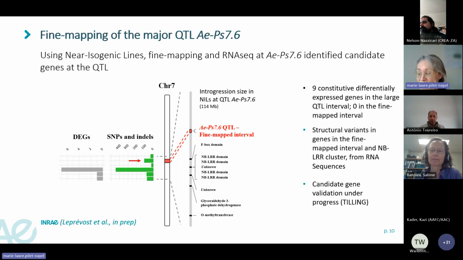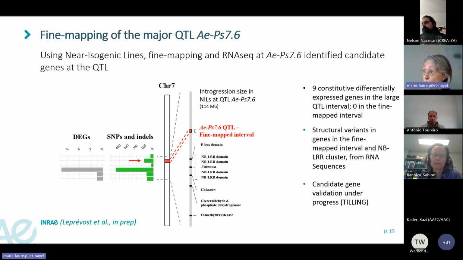Thank you very much, Sabine, for this question. It's a major concern for us in research in France, and we have developed an experimental field assay for 8 years in France in a contaminated field, in which we grew NILs with the major QTL for 8 years in single crop rotations.